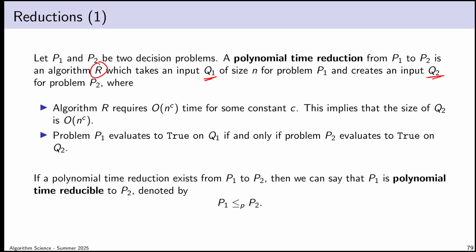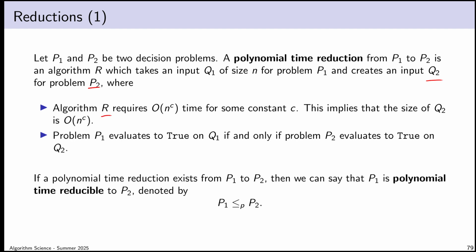And it's a polynomial time reduction if algorithm R requires polynomial time in terms of the size of our original input to P1. One interesting implication of this is if the reduction requires polynomial time, the size of what it produces, the instance to the second problem Q2, actually has to be polynomial in the original input size.